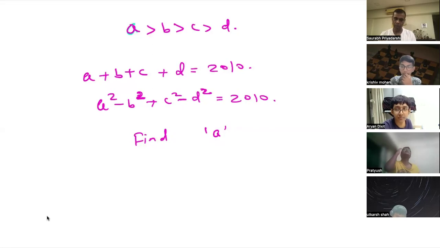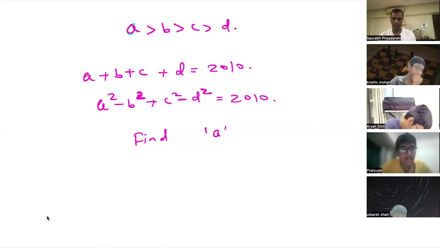Up to how many? Means we have to find exact numbers.